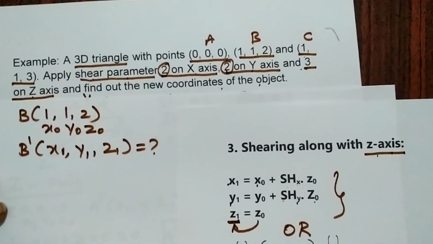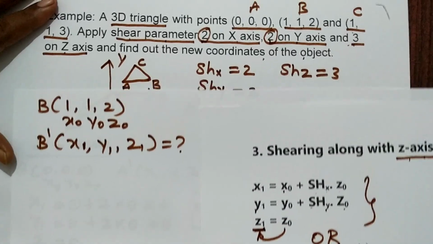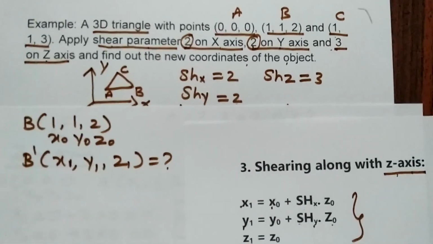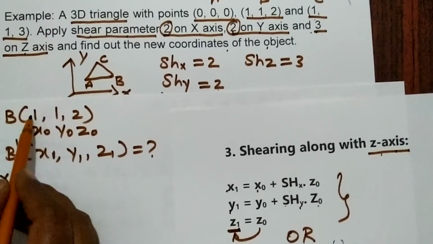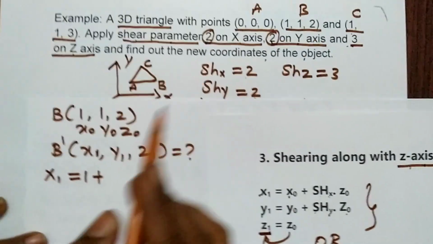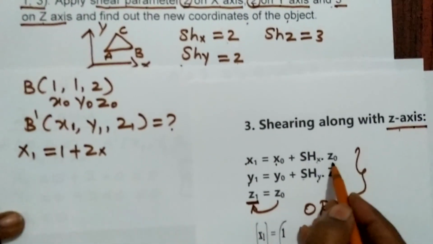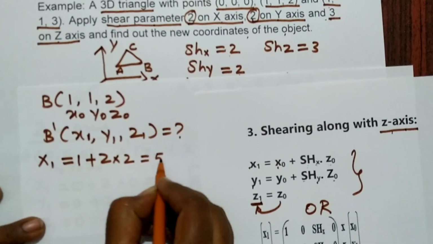Okay, for that we need to use the equation like this. With the help of this equation we'll find now x1. x1 will be x naught plus, what is our x naught? 1. 1 plus shx. What is shx? 2. 2 into z naught. Our z naught will be 2. So the value of x1 will become 5.